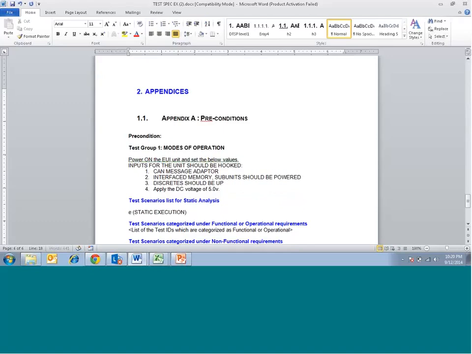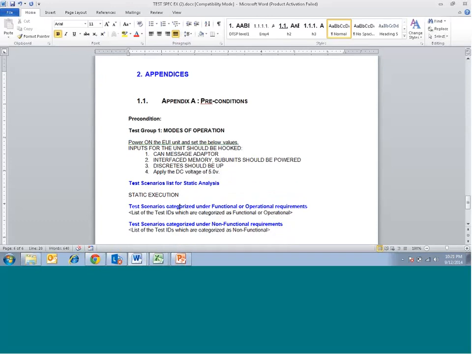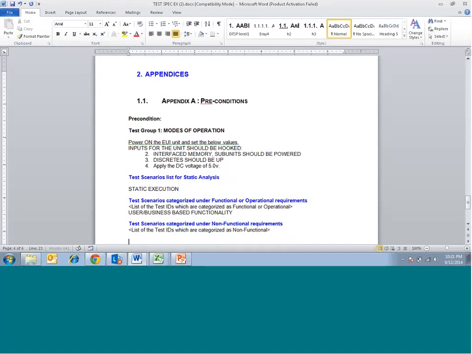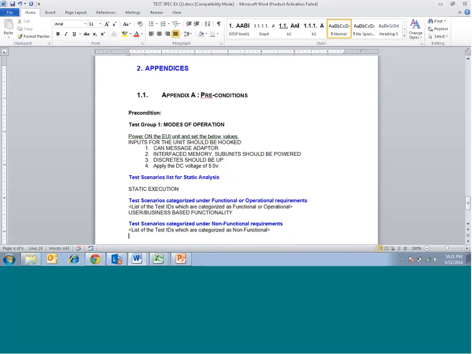Similarly, the template talks about test scenarios categorized under the functional or operational requirements. Next, test case scenarios categorized under non-functional requirements, etc. That means basically whatever the user or business-based functionality means the instrument should be doing some functions, like it should rotate the motor.